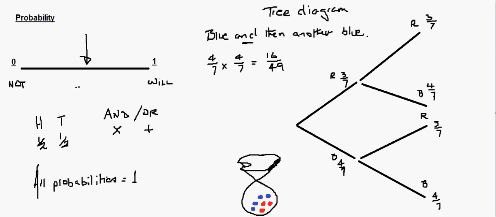So for example, let's say they say the probability, so P, the probability of choosing two counters the same colour.